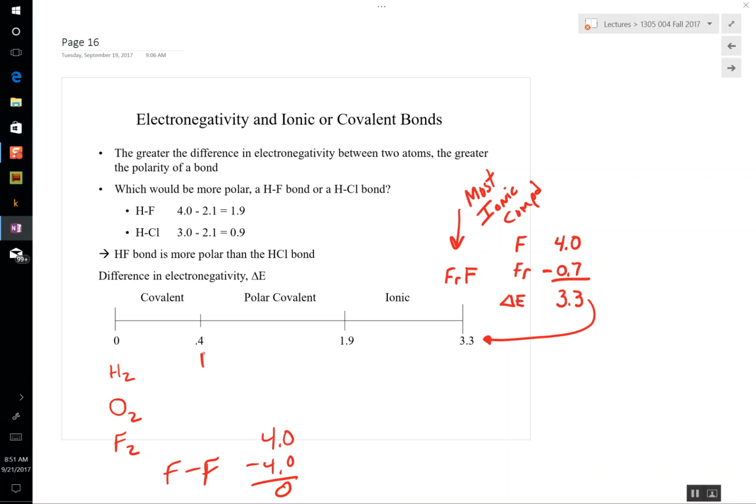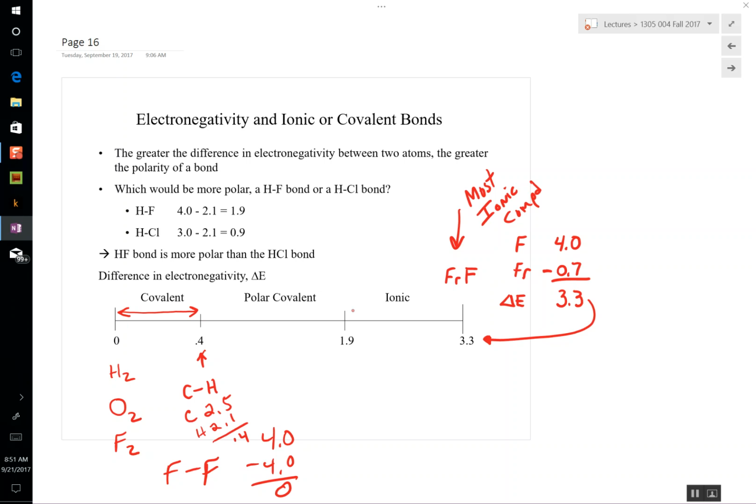This right here is your carbon-hydrogen bond. Carbon is, what is carbon? 2.5. And hydrogen is 2.1. So what we're saying on this chart right here is from 0 to 0.4, we're going to view that as essentially a covalent bond.